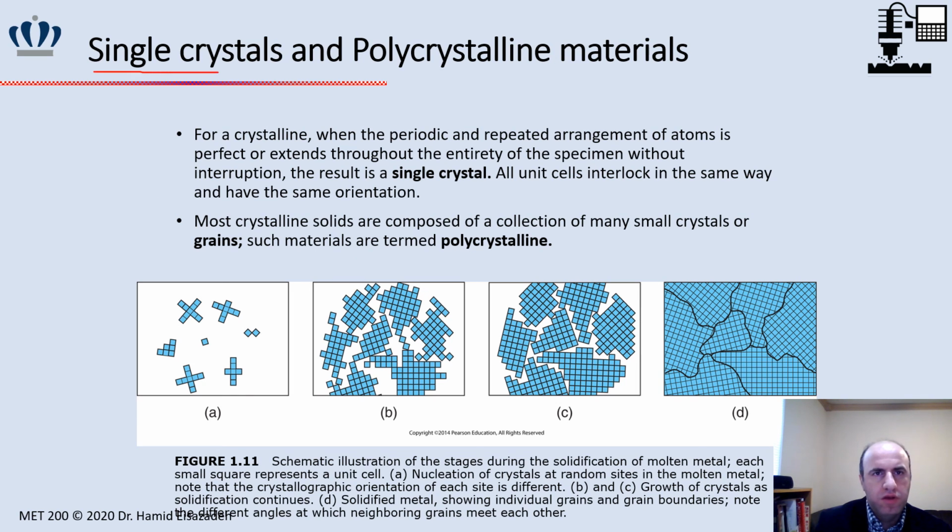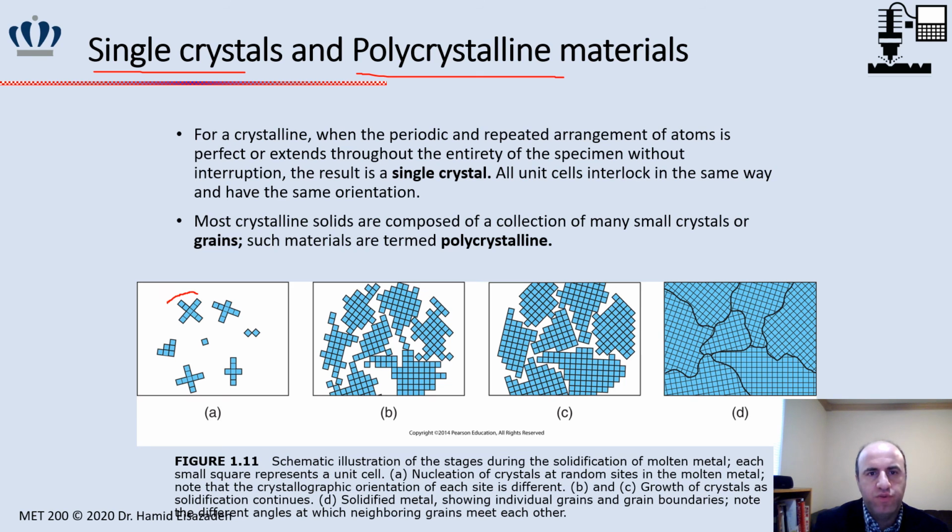Another important definition in material study is single crystal and polycrystal material. When metal cools from the molten state and begins to solidify, the individual crystals, as you see here, will nucleate at a random position and orientation.